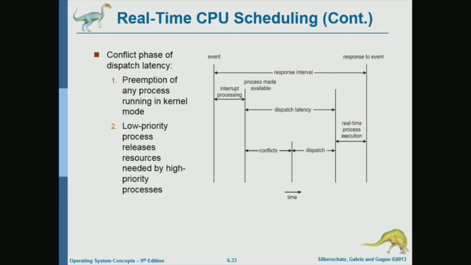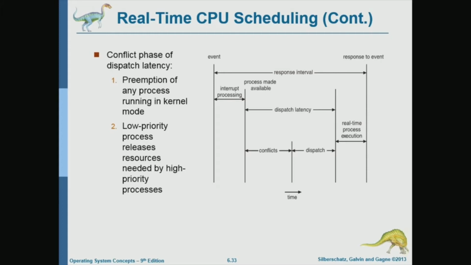So the sensor detected something, and then in response to that, a process will have to be executed. And we would like to minimize the delay between the time that event occurs and the time it actually gets the CPU.